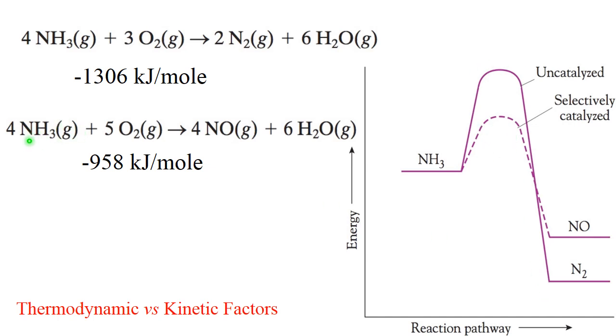Now, when we burn ammonia on a platinum catalyst, we are getting nitrogen monoxide instead. And this is what we want because we want to have nitrogen compounds as a result. Energetically, it is less favorable, but kinetically, it is favorable because of the effect of the catalyst.